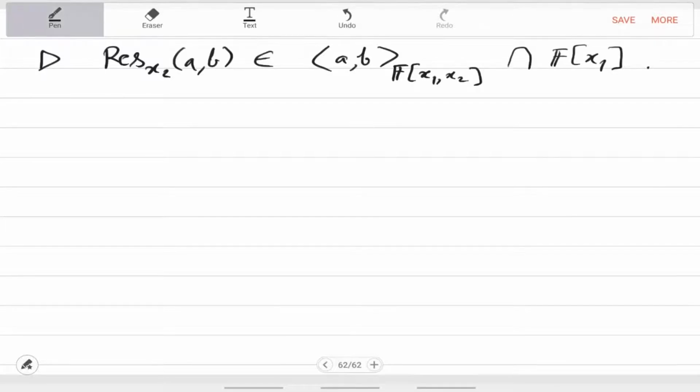And the earlier statement was for univariates.